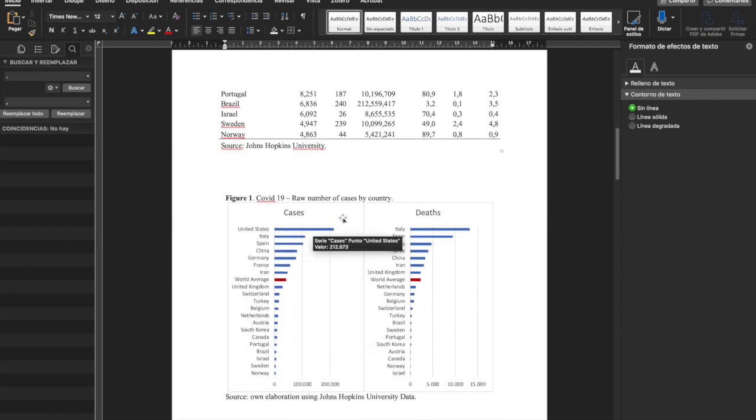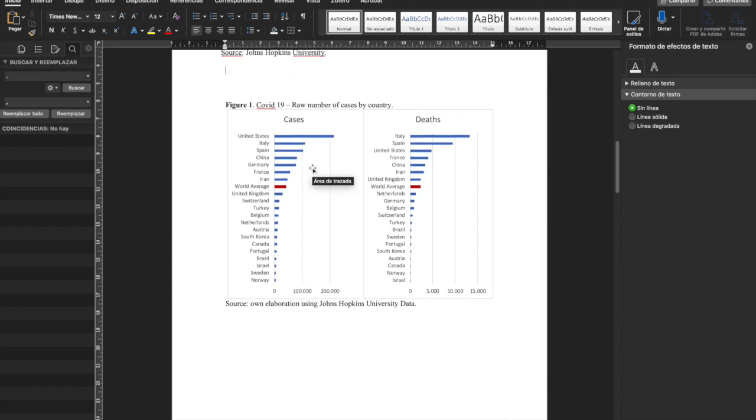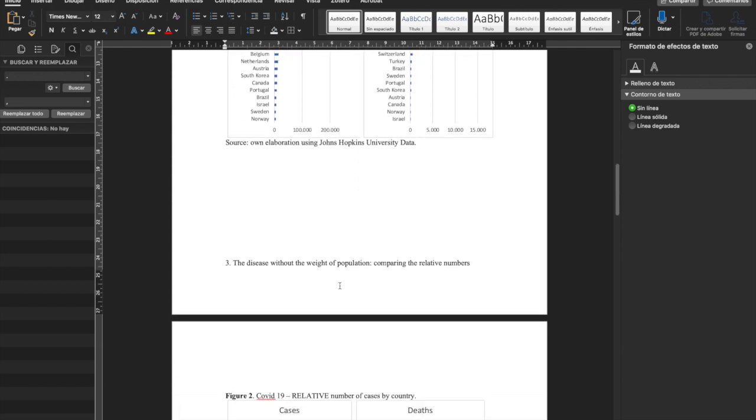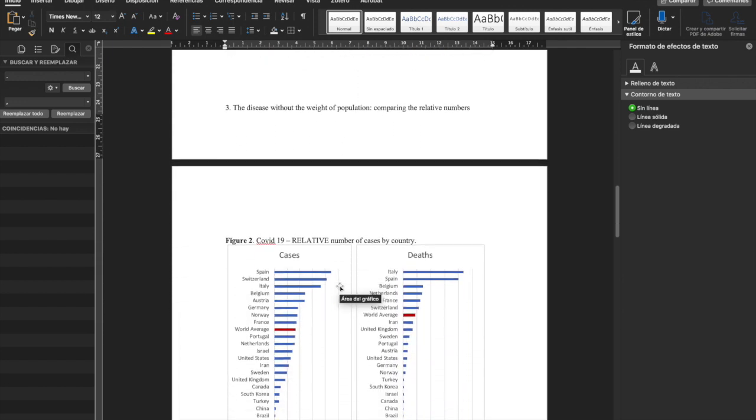Then I can use these graphs to do so. If I comment on this, figure one shows the countries that are above the mean, the world average, and those that are below the world average, etc. I can comment on this, and I make use of these figures and this data to emphasize my analysis and to demonstrate that there is this spread, the countries with the largest numbers, etc. So I go on with the relative numbers.